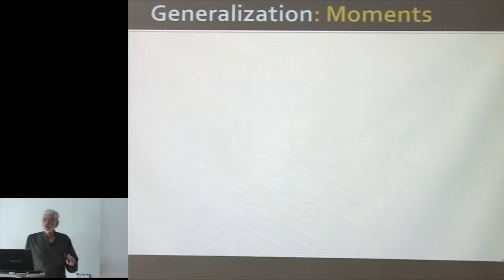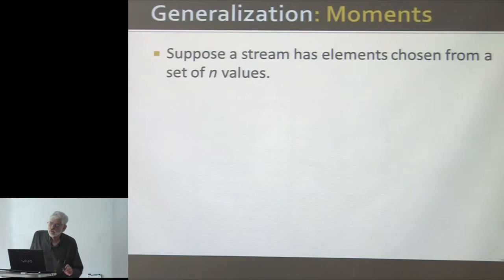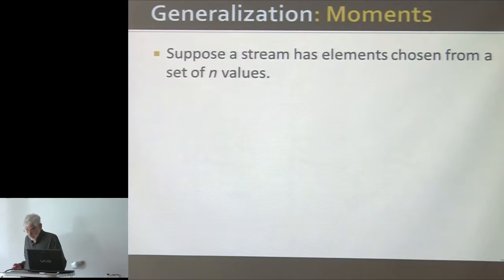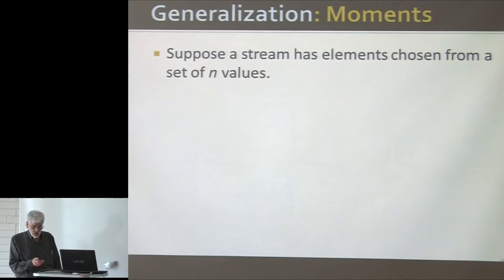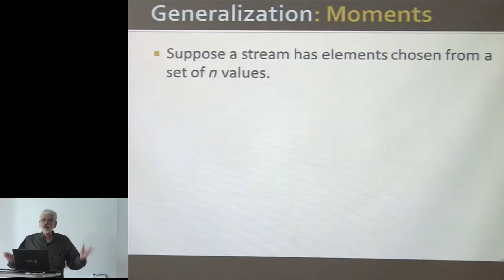distinct elements. There's a generalization using something like the Flajolet-Martin technique, but it's a little bit different, and it's worth seeing. So the setting again is we have a stream.